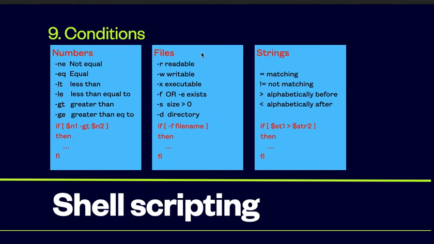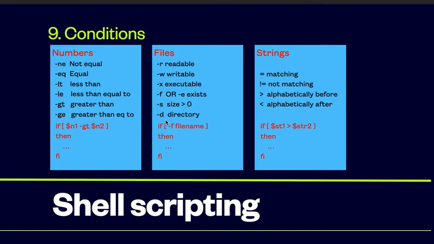Now for files there are different other operations which you can do. There are different conditions like is the file readable. For that we can use -r. Is the file executable, we will use -x. Same thing for if -s file name, if it is true that means the size of file is greater than 0, that means it has some content.